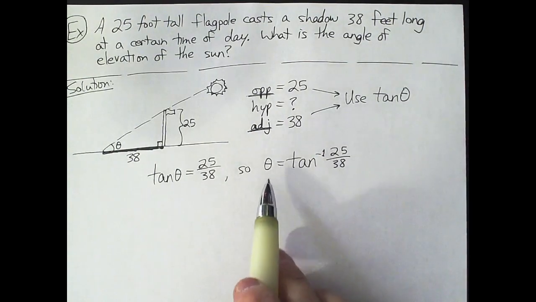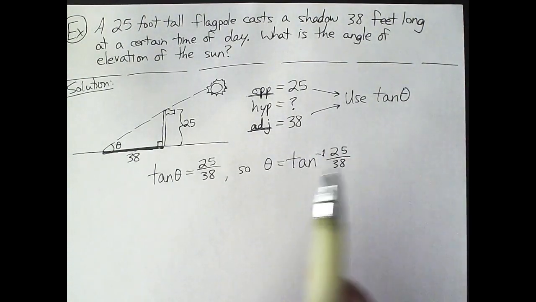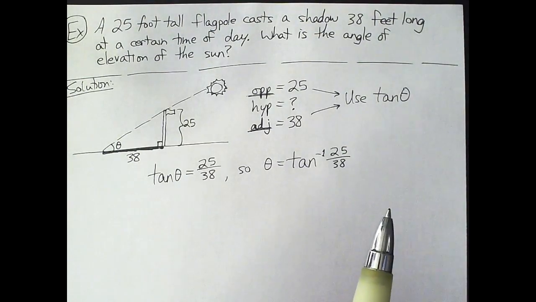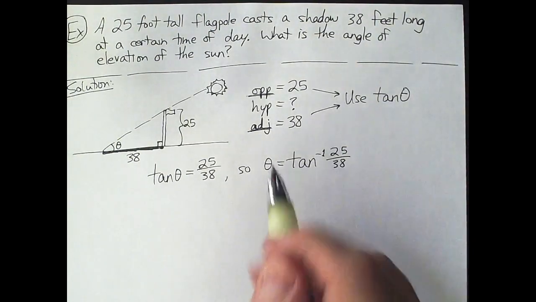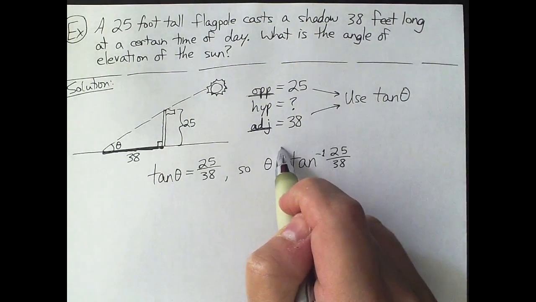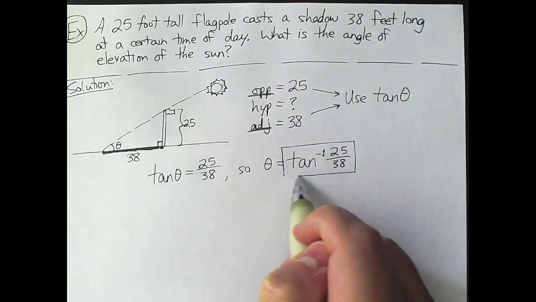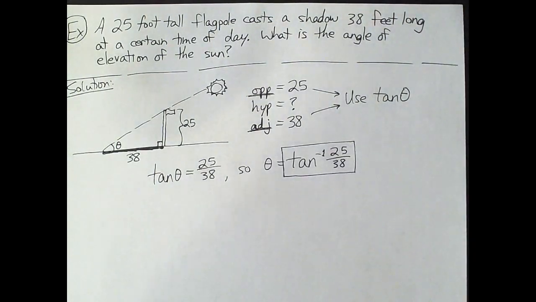So what I'm going to say is, if this was a problem on an exam where you're not allowed to use a calculator, you would have to just stop here. You'd have to stop here and say, that's as far as we can go by hand. And that is the value of theta. It might not be as simplified as you would like. I mean, we wish that we could get this as just a number.